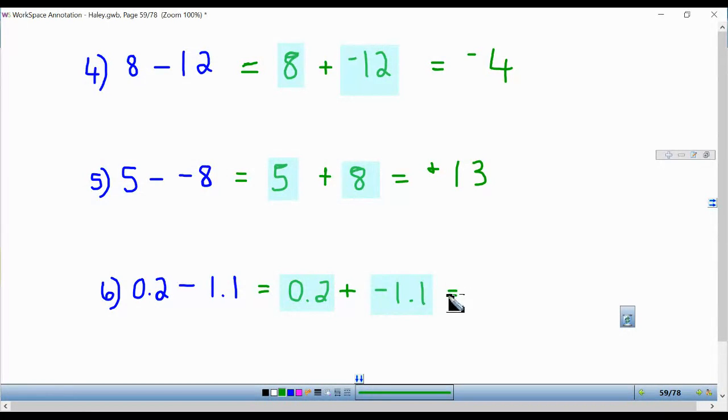Well, that means the furthest from 0, which would be negative 1.1. That means our answer is going to be negative. I've got a positive number and a negative number. The signs are different, so I'm going to find the difference between 1.1 and 0.2. That will give me 0.9. So it's negative 0.9.